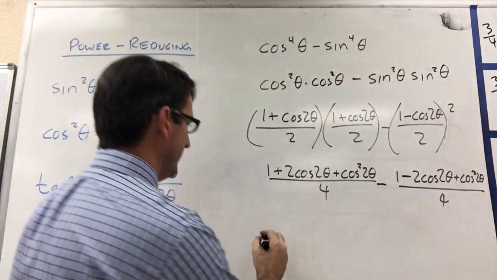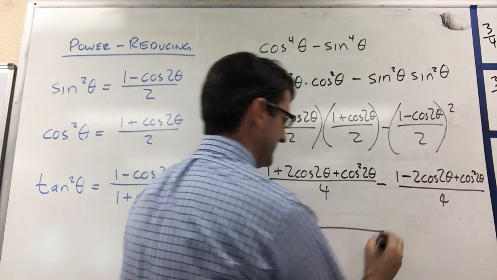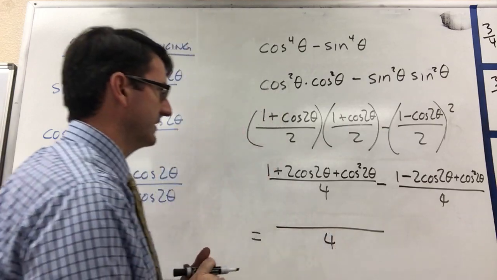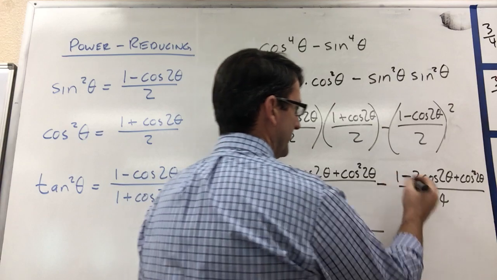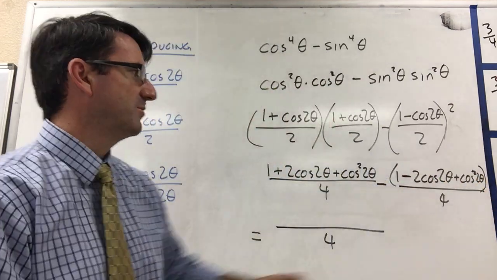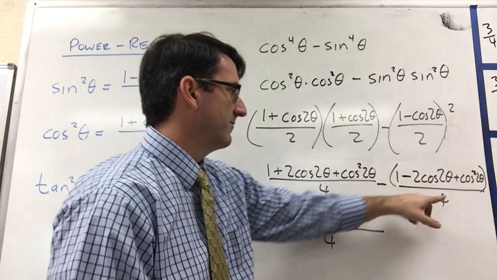All right, so now we can combine these fractions. We're going to have a denominator of 4. We have our common denominator there. And then be careful here, because there's an implied parentheses here whenever we have a fraction like that.